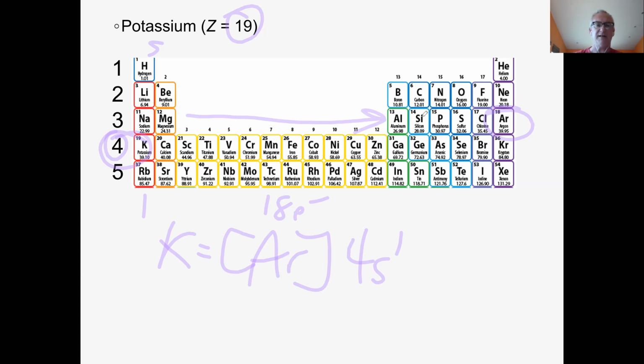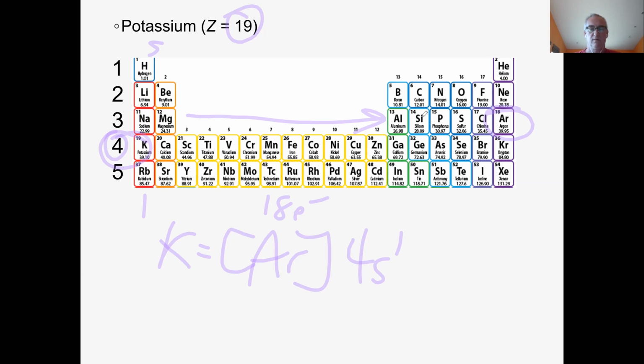So what kind of ion is potassium going to form in order to achieve nirvana? It loses an electron, right? It wants to get to a noble gas configuration. What's the easiest way for it to get there?